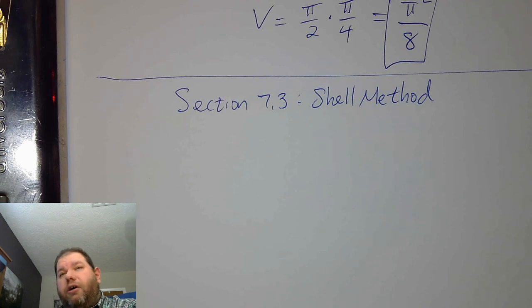Not 100% of the time, because there will be some problems that really just require us to do it the other way. But at least for now, as we're looking to learn these different approaches and these different formulas, I think it's a nice way to look at it starting off.